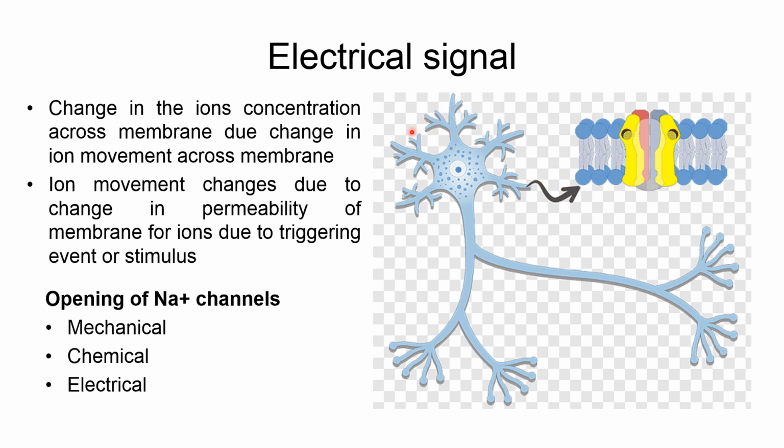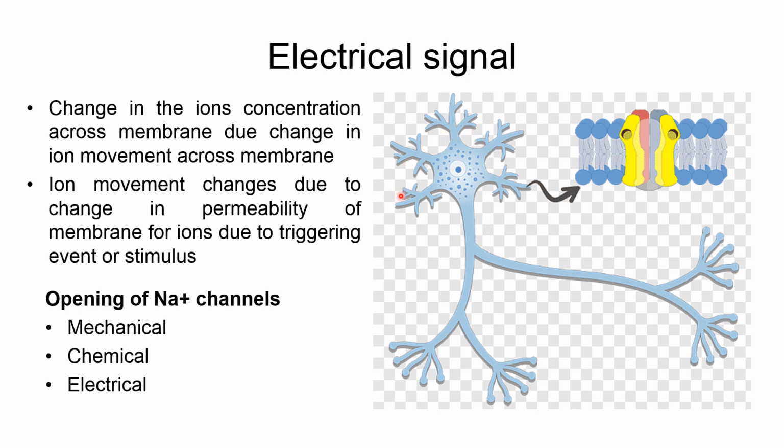So these dendrites are the receiving portion of the cells, which could be epithelial cells or muscle cells. If they are receiving mechanical stimuli, then these channels would be mechanical gated sodium channels. If they are receiving chemical stimuli, then these channels would be chemical gated sodium channels.